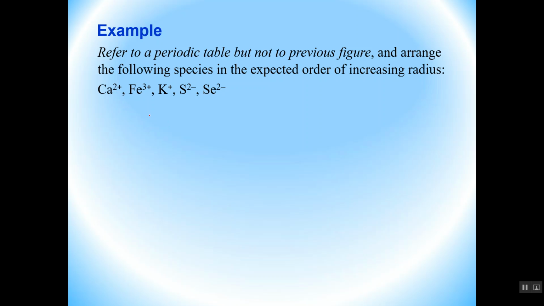So I'm just going to write down here Ca2+, K+, and S2-. And you'll notice that calcium has 18 electrons, potassium has 18 electrons because these are the ions, and the sulfide ion also has 18 electrons. But you'll notice that the calcium has 20 protons, the potassium has 19 protons, and the sulfide has 16 protons.